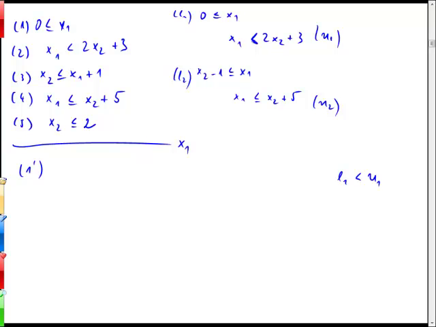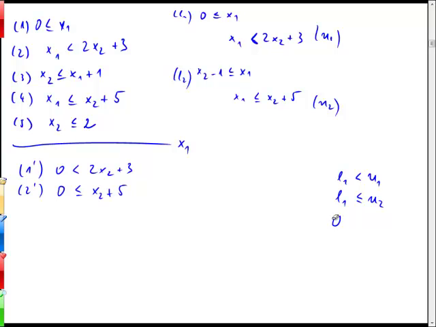And this combination gives me 0 less or equal, strictly less than the upper bound 2x2 plus 3. The second combination, lower bound 1 with upper bound 2, both are non-strict. This gives me 0 less or equal x2 plus 5.